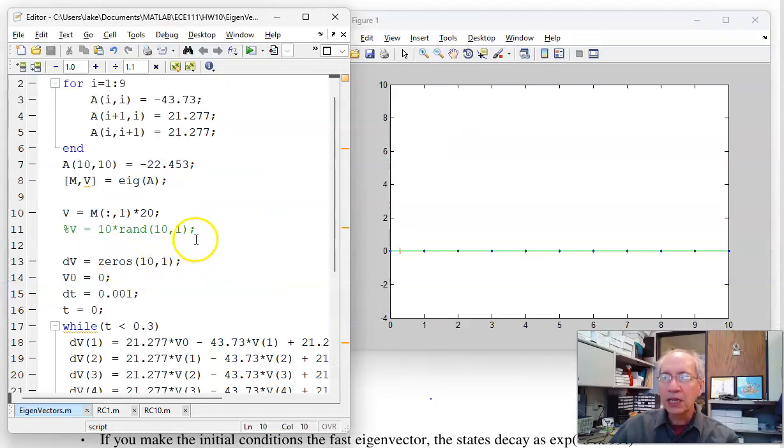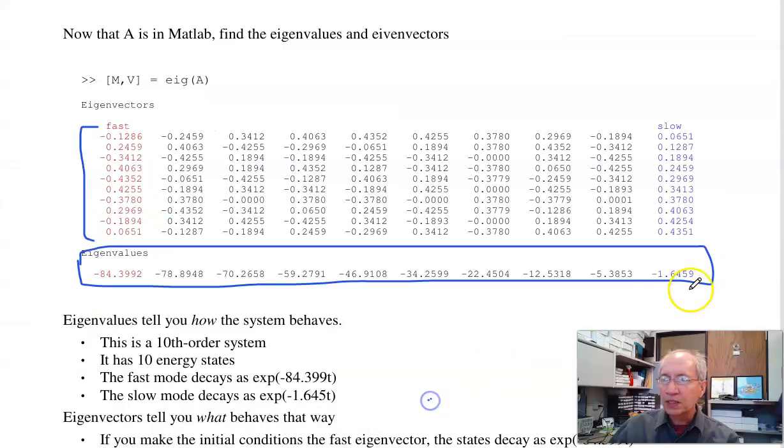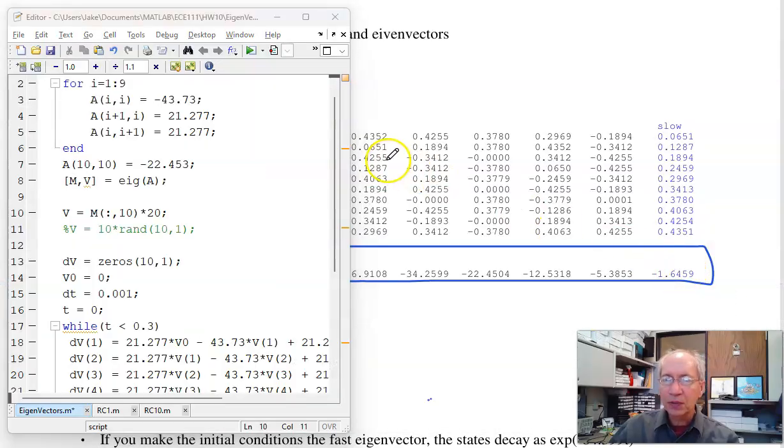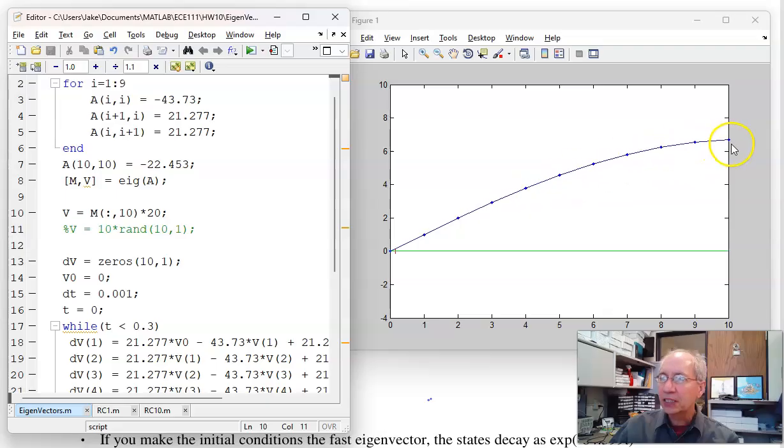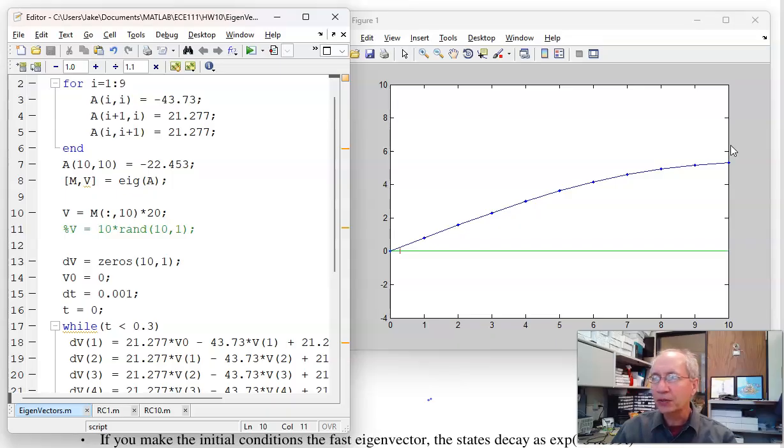Now, suppose I make the initial condition the slow eigenvector. This says that it'll decay slowly, e to the minus 1.6t. So if I try that, here's the shape, that's the eigenvector. This is decaying slowly. And there's 10 eigenvectors, there's 10 eigenvalues. Pick a different mode, like mode number 9.